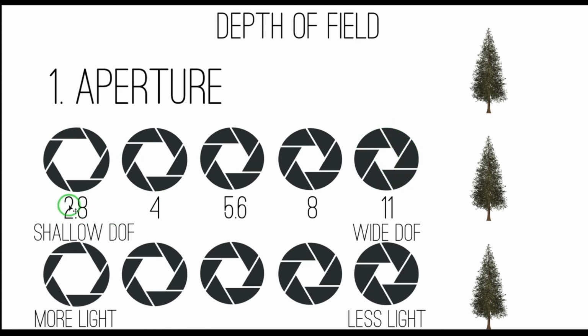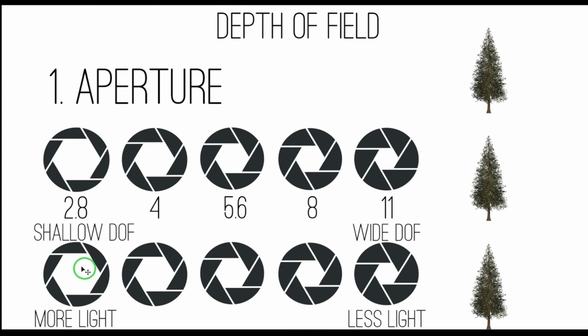It's sometimes confusing because you would think 2.8 would be the smallest opening. Well, it's not. It's the largest, and in f11, the higher the number, the smaller the opening. So how does this work? When your lens is wide open, it's letting in a lot of light, and when it's closed down, it's letting in less light.